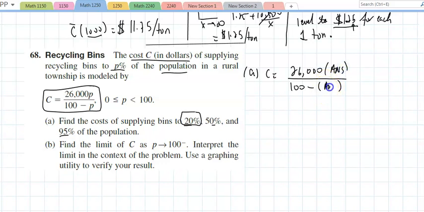I'm going to use p equal 20, p equal 50, and p equal 95.